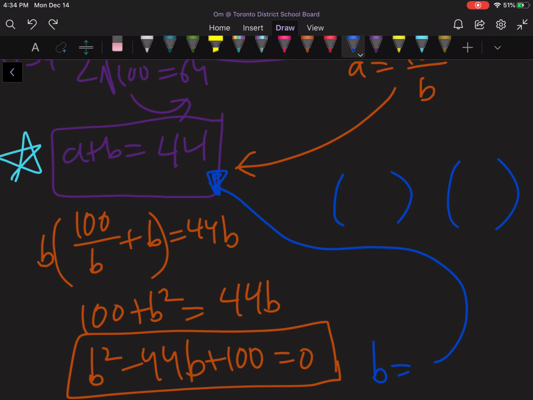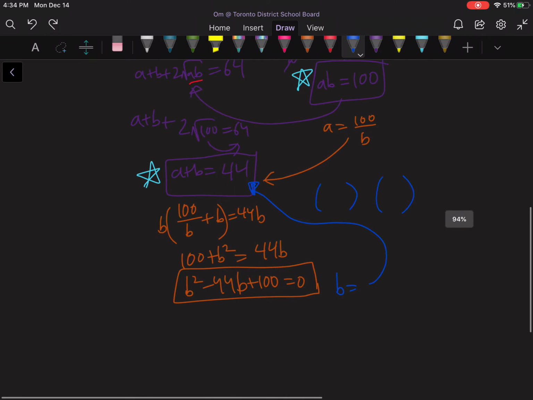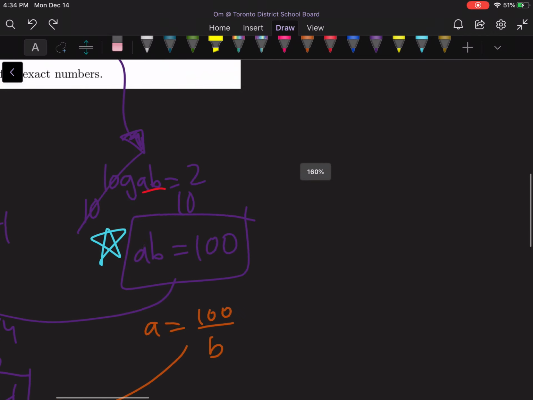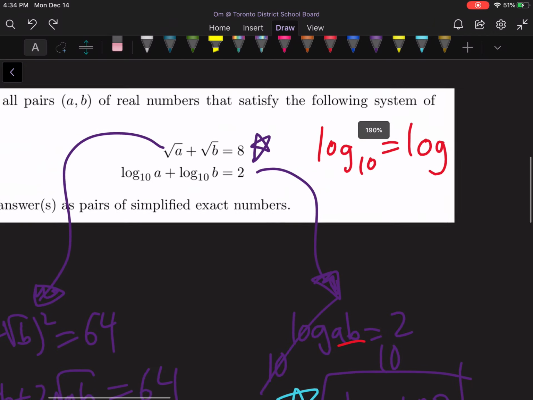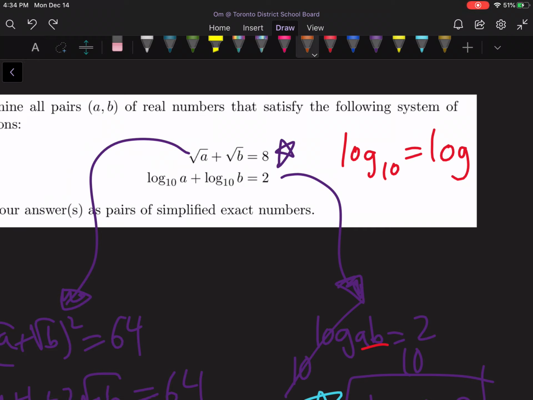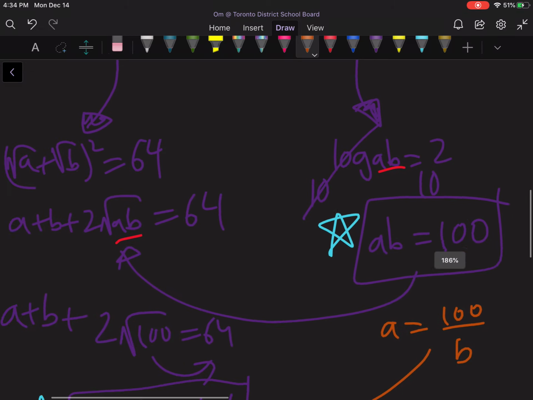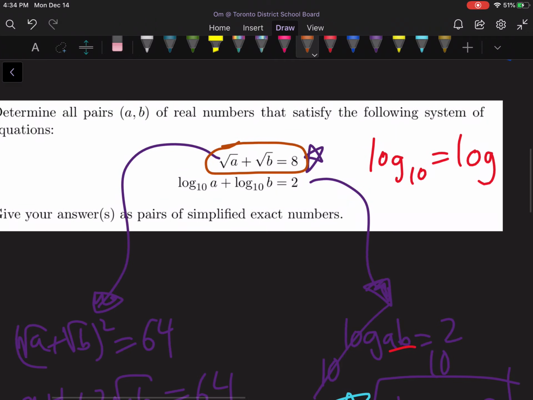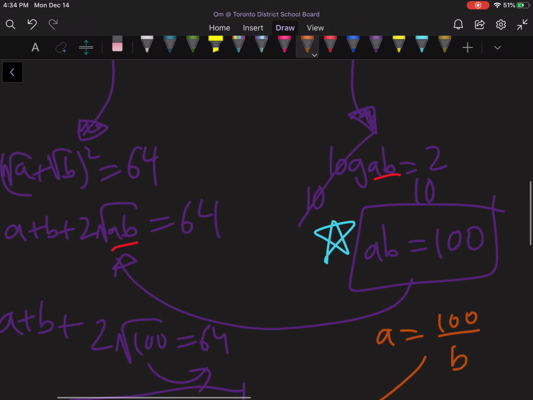So yeah, this one was a bit longer than some of the other examples we had, so I'm just going to quickly recap. We started with these two equations. We noticed that this is a radical equation. We should probably square both sides, and we did. We get something interesting, right? For your second equation, we used a log property to deduce that ab equals 100.